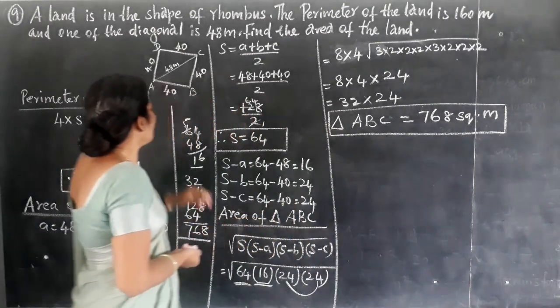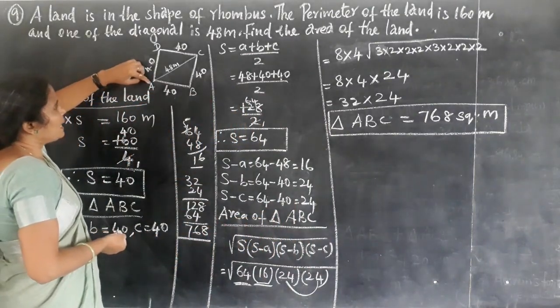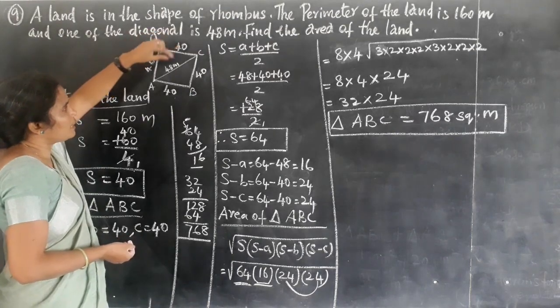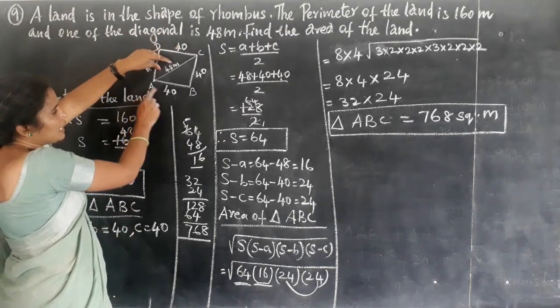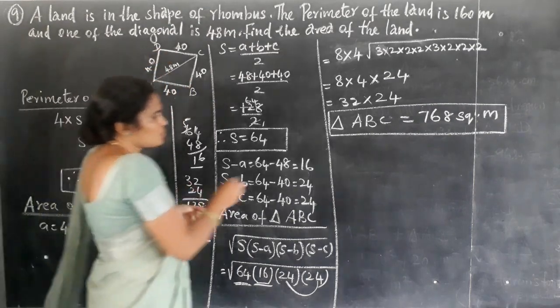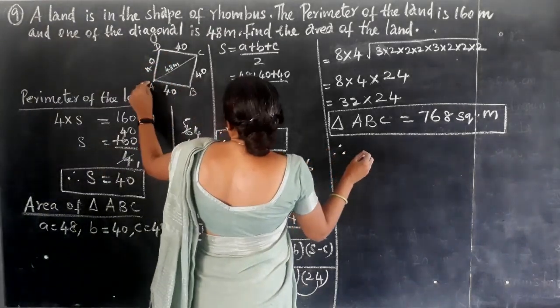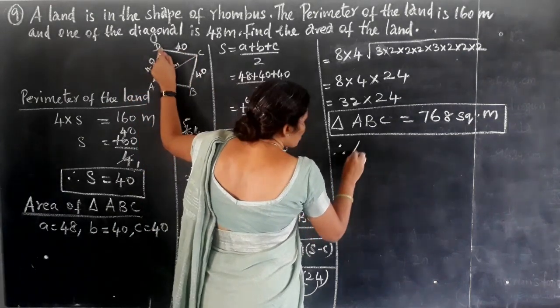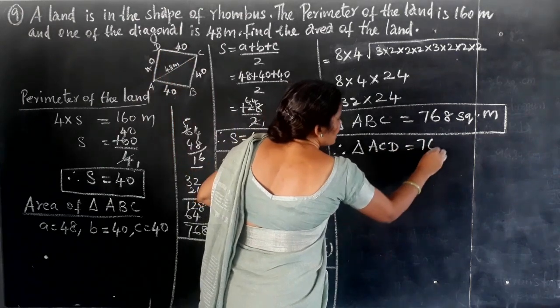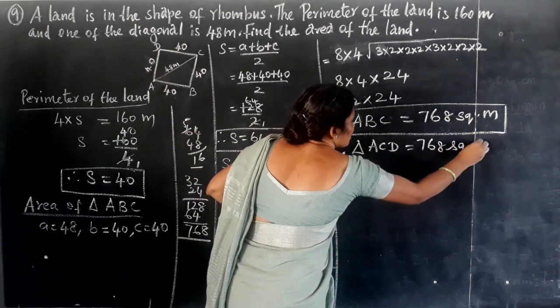And here you can see triangle ACD has the same sides, 40 meter and 40 meter, and diagonal 48. For triangle ABC also two sides are 40 and the diagonal is 48. Therefore triangle ACD is also 768 square meter.